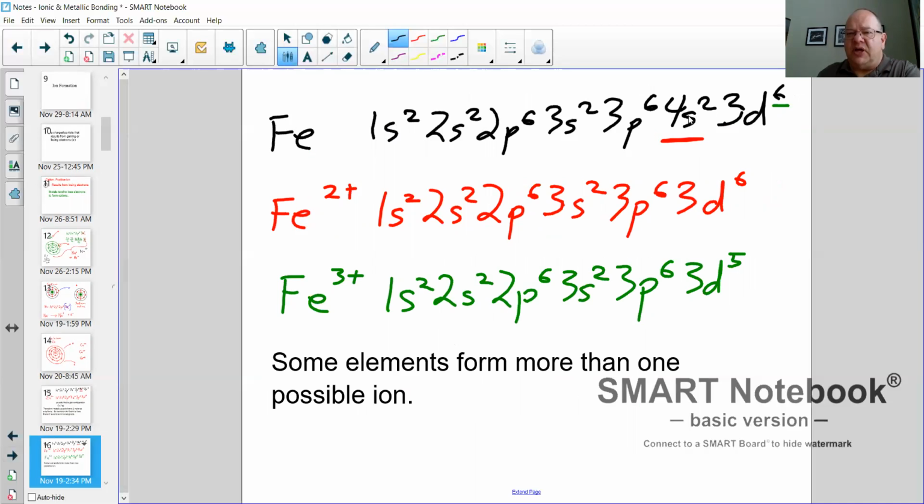So the valence electrons are the 4s2. So based on what we just said, it would be expected for iron to probably lose those 2 electrons. So here I rewrote it with those 2 electrons gone. That would be a +2 ion. And iron does that. Iron forms compounds where the atoms have lost 2 electrons.